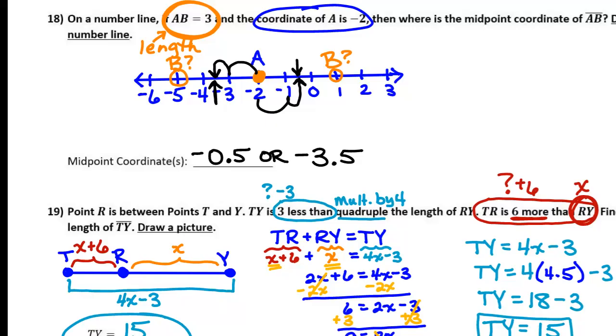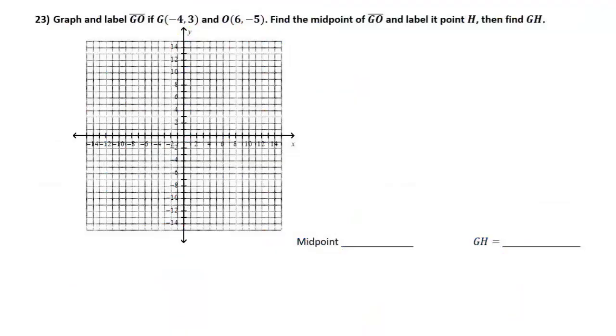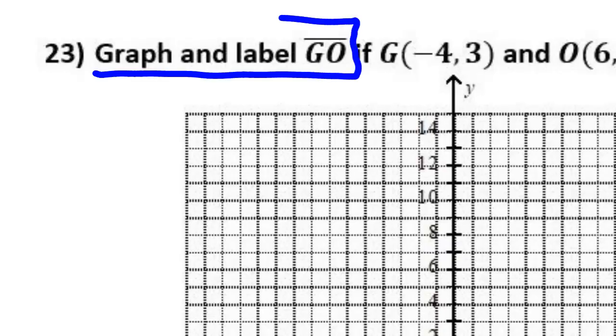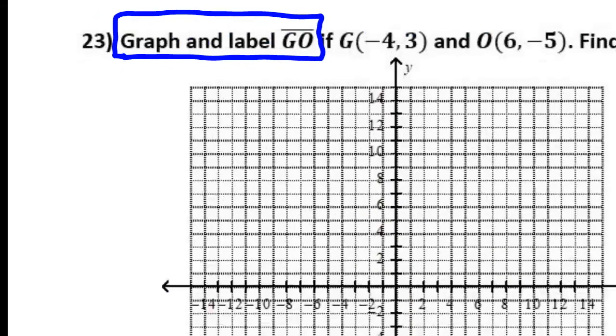Number 23 is a lot like number 2, actually. It starts off by saying graph and label, and then it says GO with a dash over the top. What does that dash mean? Segment. It means when I connect my dots, I don't go past them. I stop at those ends.